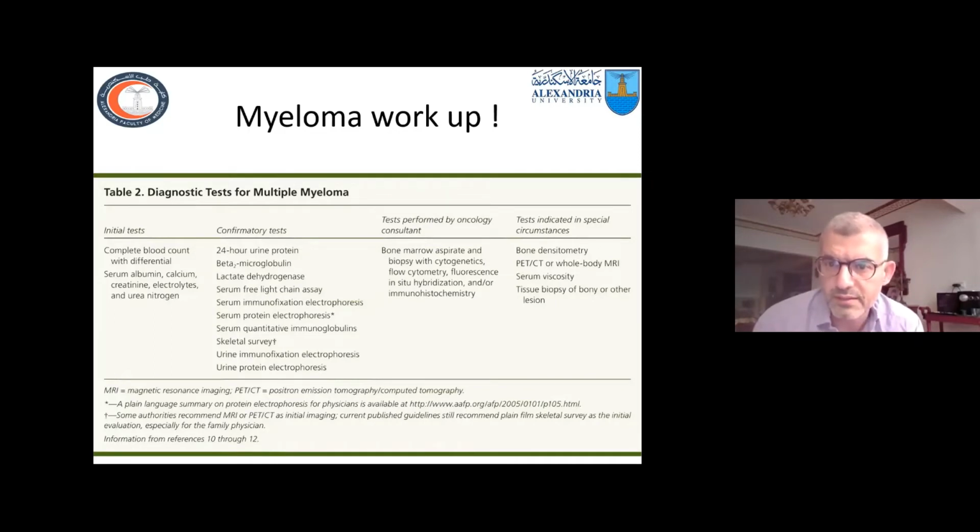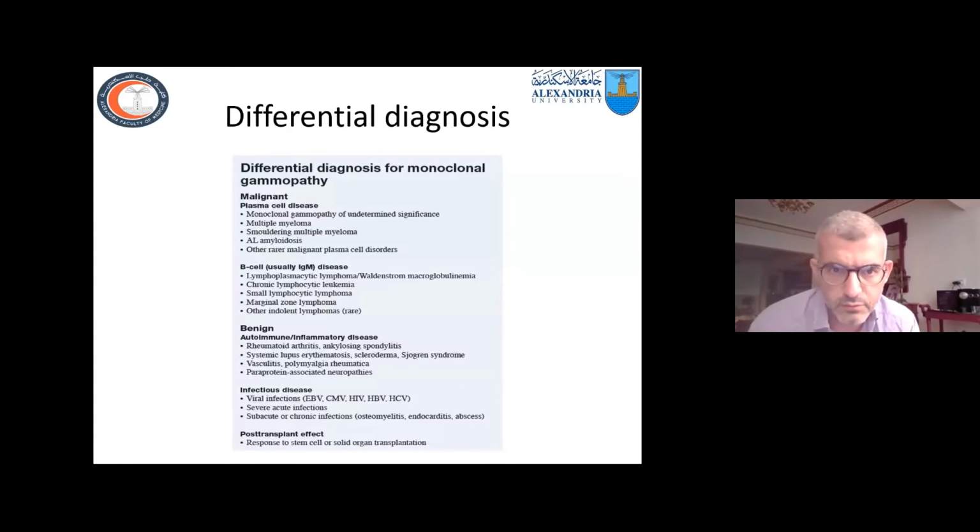Other tests indicated in special circumstances are bone densitometry, PET-CT, or whole body MRI, serum viscosity, which is of special interest because we usually do this in Waldenström, tissue biopsy or the cryoglobulinemia tissue biopsy, or biopsy of any site of plasmacytoma.